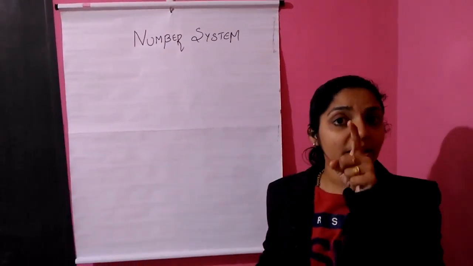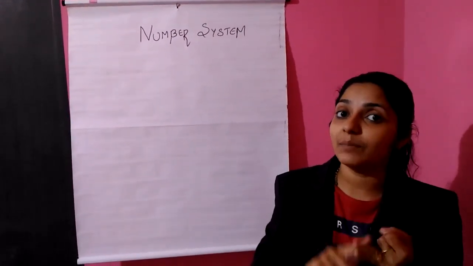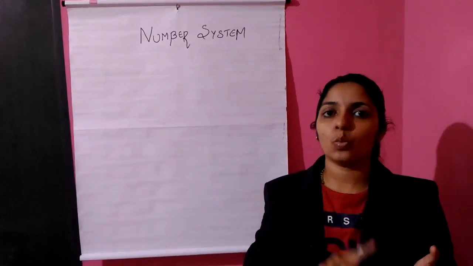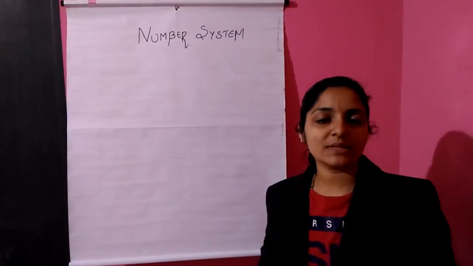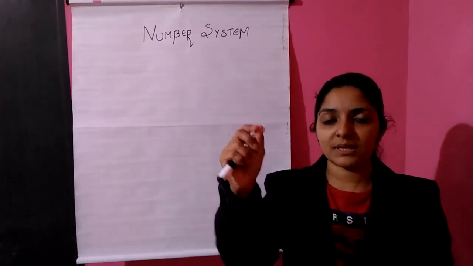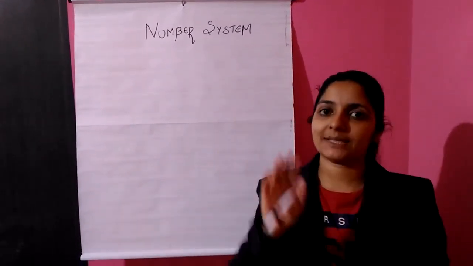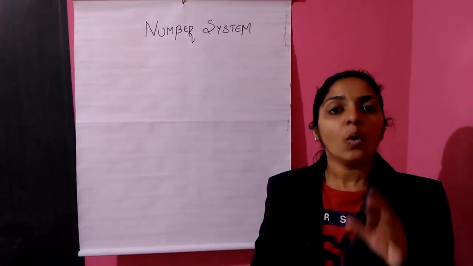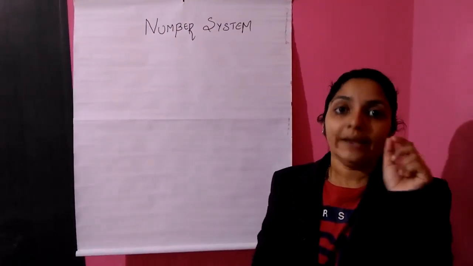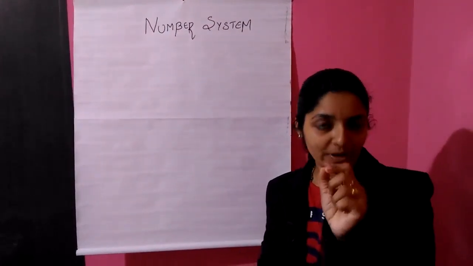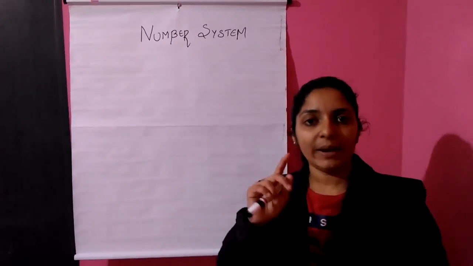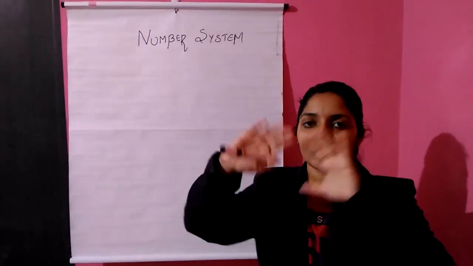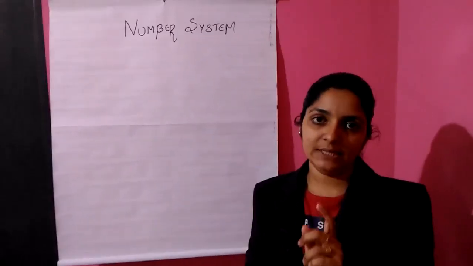So first we learned about natural numbers. Counting numbers are called natural numbers. So 1, 2, 3, etc. are called natural numbers. What are whole numbers? Natural numbers with 0 are called whole numbers. What are integers? Natural numbers, 0, along with negative natural numbers: minus 1, minus 2, minus 3. So this becomes integers.